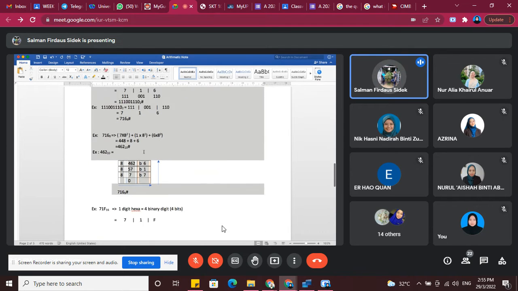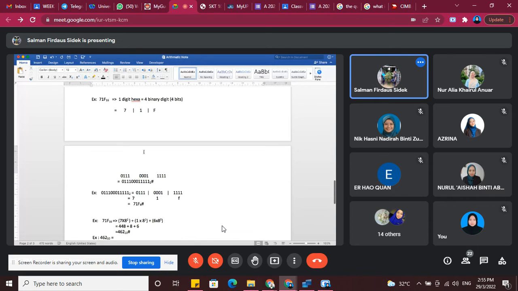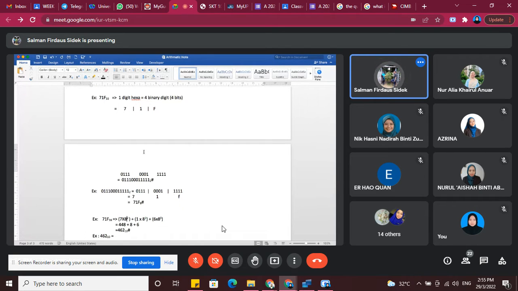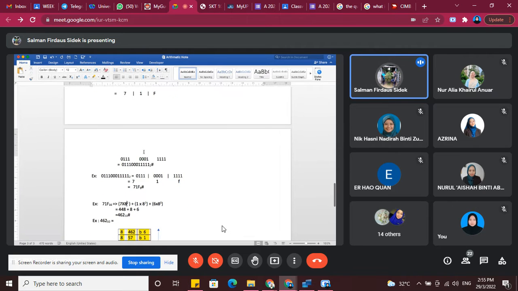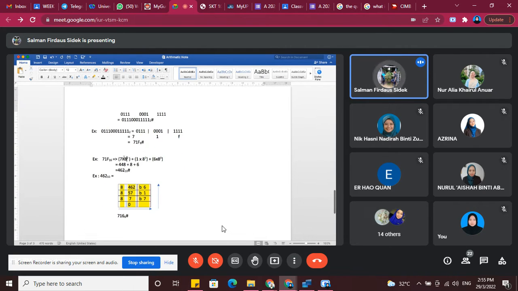Saya tunjukkan teknik octal kepada binary dan binary kepada octal. And now I have one left here. So nak gantikan dengan apa ni? 10 ke berapa?